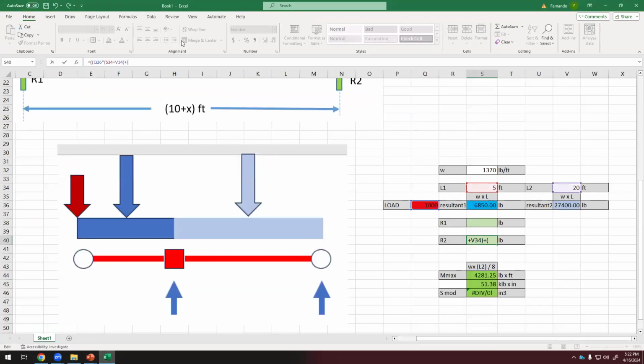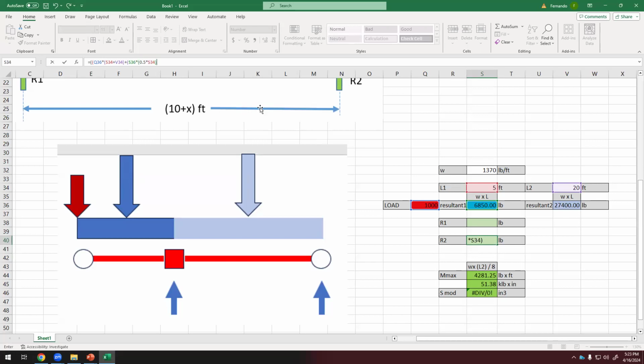Okay, let's do it. So this is resultant 1. What is resultant 1? This cell here. Times parentheses, 0.5 times L1. 0.5 times L1 is this cell.